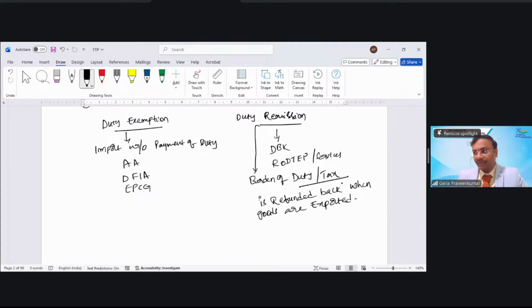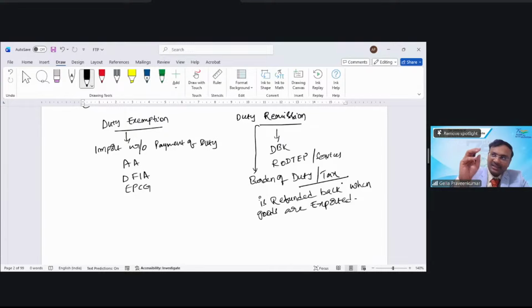What is in store for you from your examination point of view, from your career point of view? Career point of view, many CAs don't even do a practice. Reason, they don't have that practical hands-on experience with advance authorization, DFIA, etc. Please keep in mind, these are all automated. That means you need to know the law. You need to know how to fill the form. Sitting at your office, you can guide and assess what you're doing, what is your business model, how you can import.